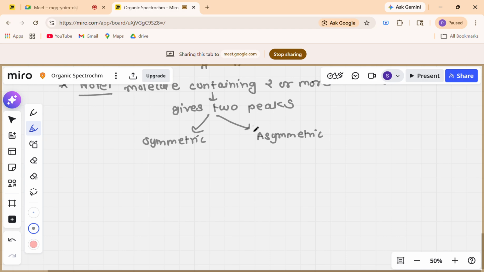That's why here they are telling that when the molecule contains two or more similar atoms, we are talking about the stretching frequency here, and that gives two peaks. One will be symmetric and one will be asymmetric. For example, take different amine molecules.